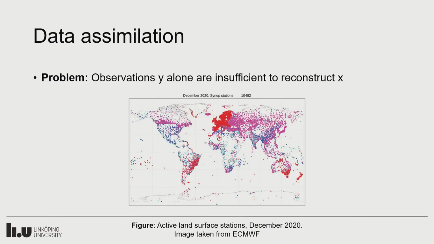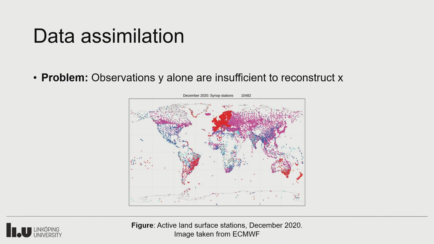I put up here an example from ECMWF of land surface stations, which really shows how sparse these observations are. And you have to imagine that from this and some satellite, you have to reconstruct the entire Earth and all vertical levels of all the atmospheric fields.